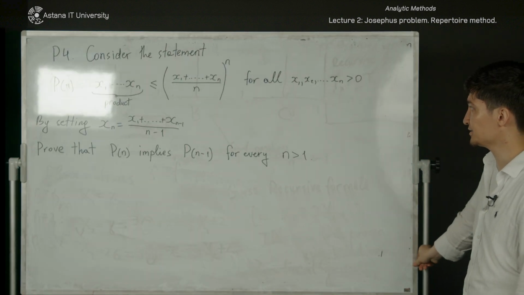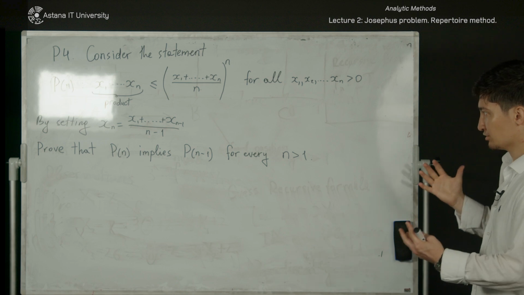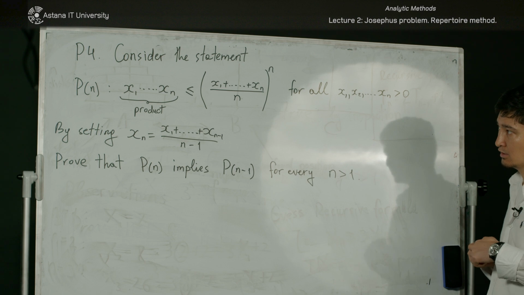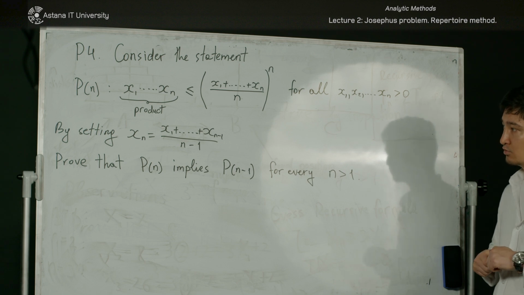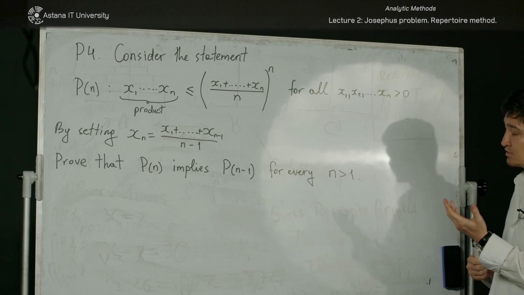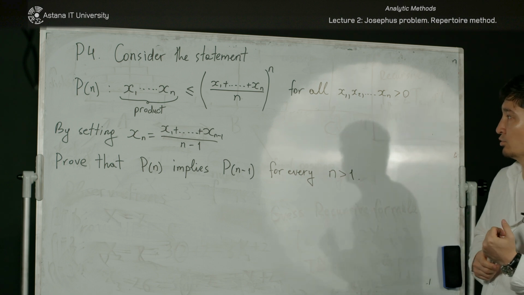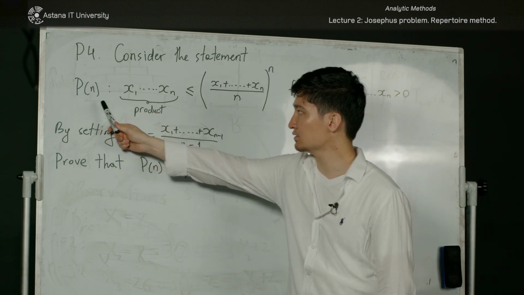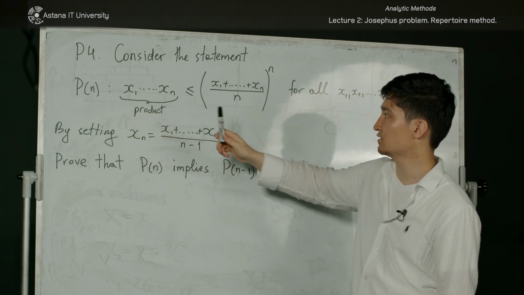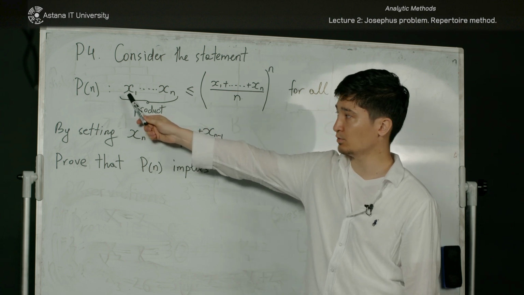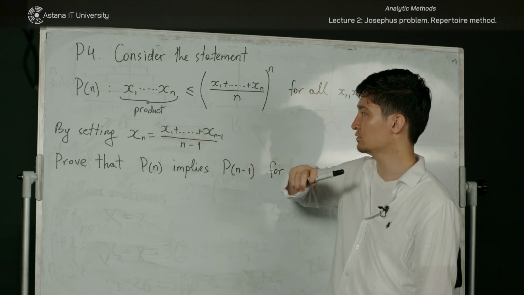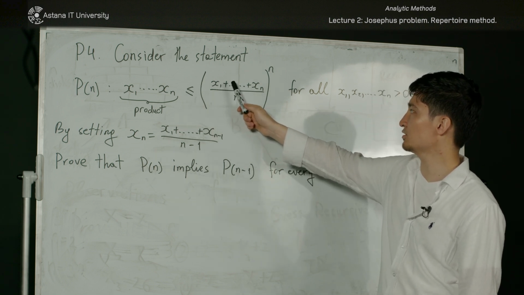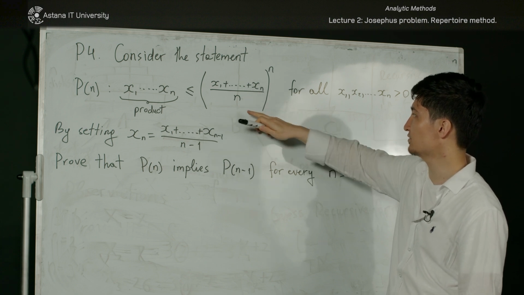Now, next problem is more general. This is about logical conclusions, and how we can prove or disprove it. So in this case, we have the following statement. Pn indicates this, that the product of these values, x1, x2, and so on until xn, is less or equal than the sum of these values, x1 plus x2, and so on until xn, divided by n.